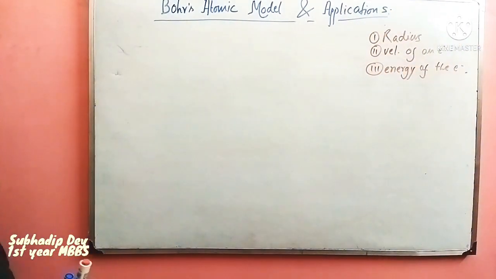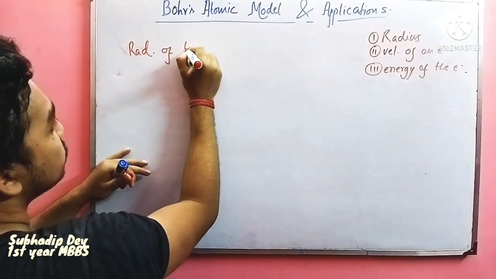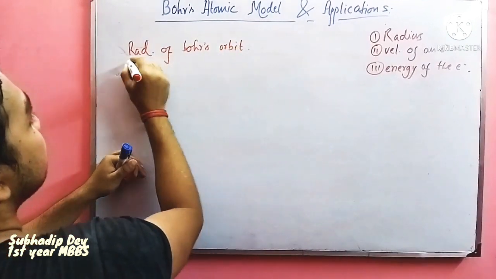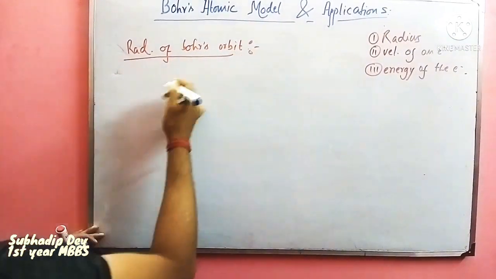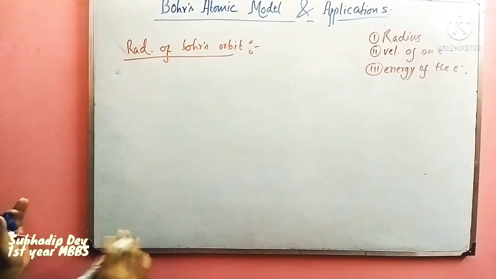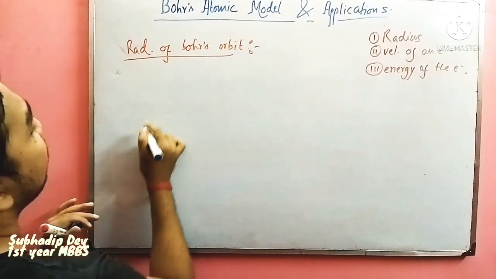So let's start with the radius of Bohr's orbit. Here we will go through a huge formula. No derivation is needed. You just see the formula at first.